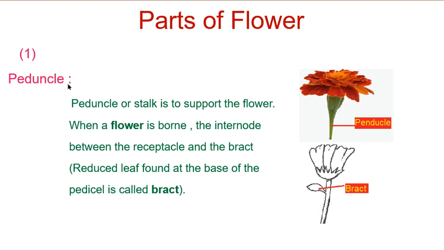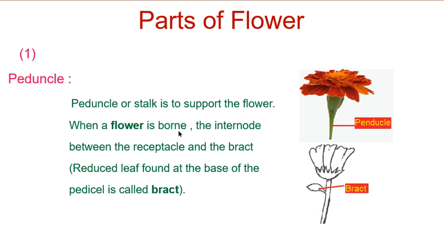The first is the peduncle. Here you can see the diagram. The peduncle, or stalk, is what we hold a flower by. On a peduncle, sometimes a small green leaf grows, which is called a bract. The peduncle or stalk supports the flower.